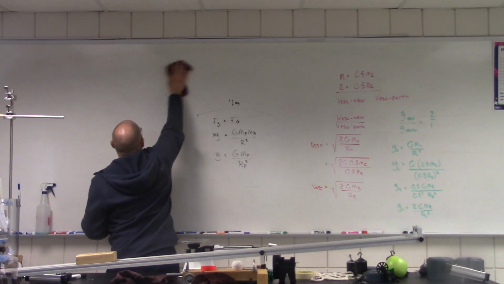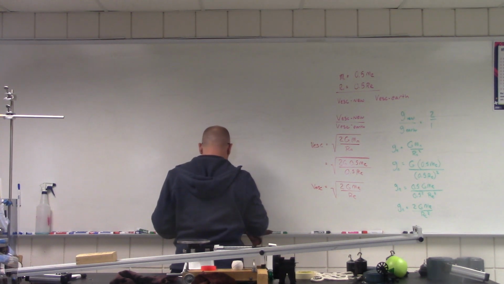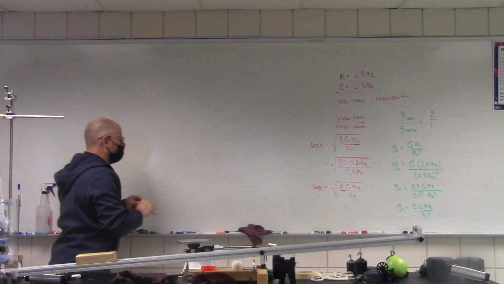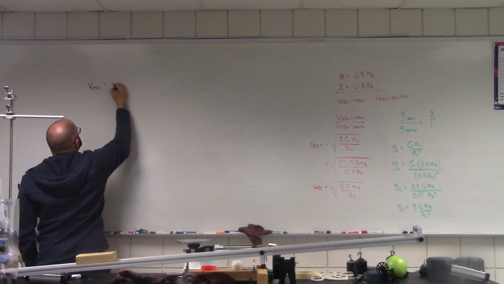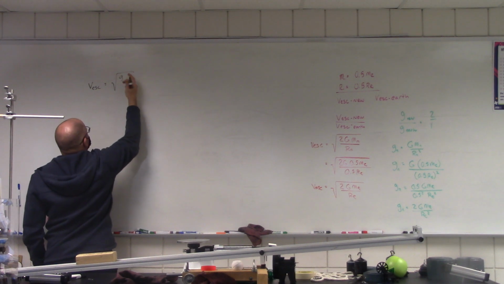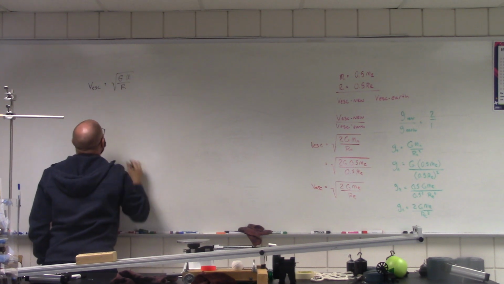Now, here's the deal. If I compare these two things, let's see what they look like compared to one another. Escape speed is equal to the square root of, oh my God, what is that? Is that cool?